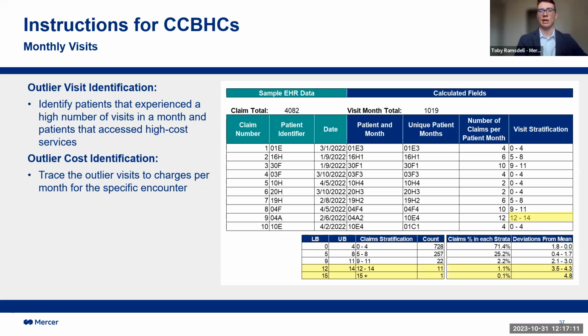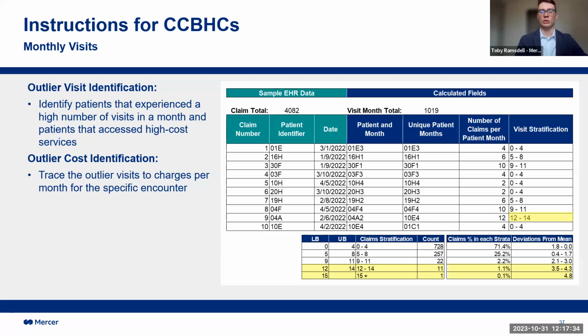That is how I identified outliers or potential outliers in my data set. So you can see I have an example of a patient that had 12 claims in a month, which I've identified as an outlier. This is just one of the techniques that you can use to determine which claims may be outliers in the data set.